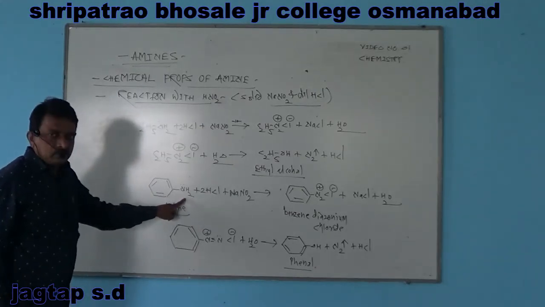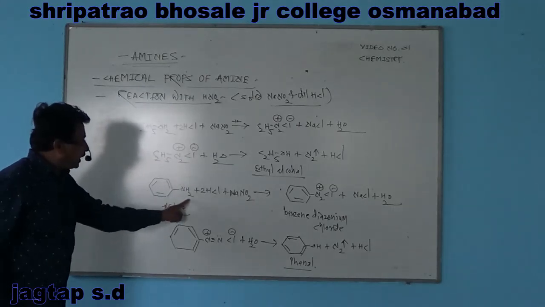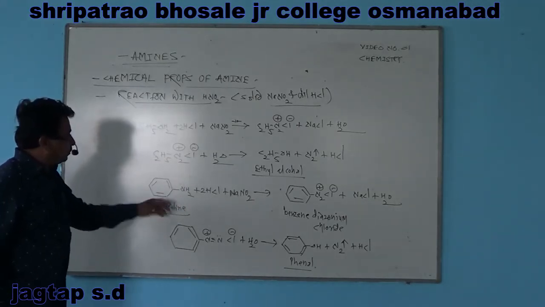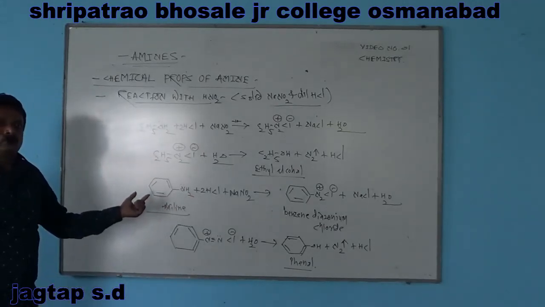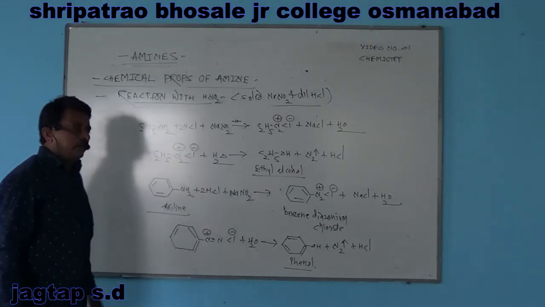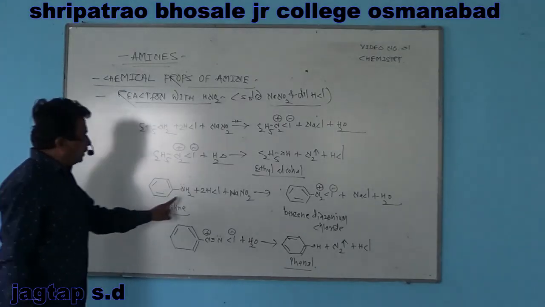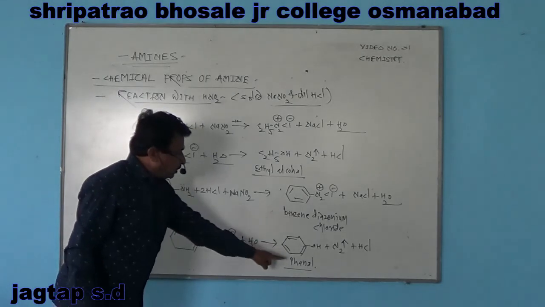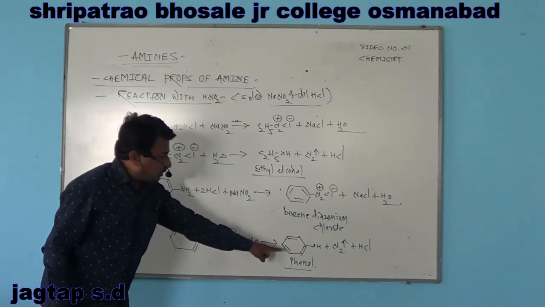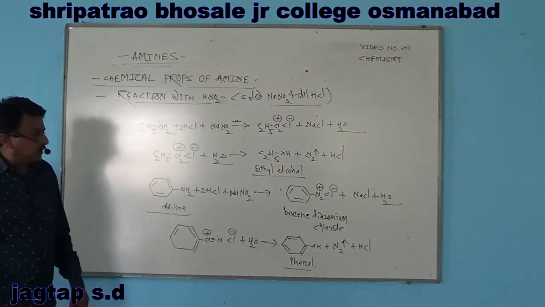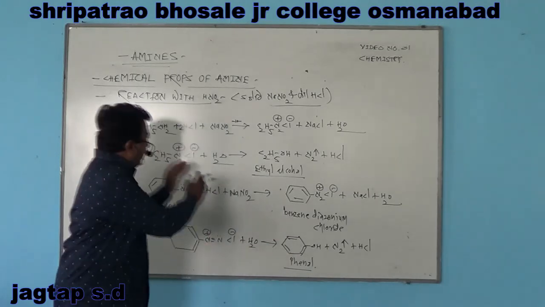Aromatic primary amines: the primary amine functional group is NH2. An aromatic amine, in which the amino group is directly attached to an aromatic ring, reacts with nitrous acid to form phenol. Phenol is an organic hydroxy compound in which the hydroxy group is directly attached to an aromatic carbon atom.